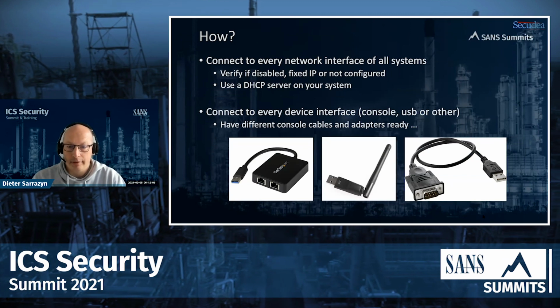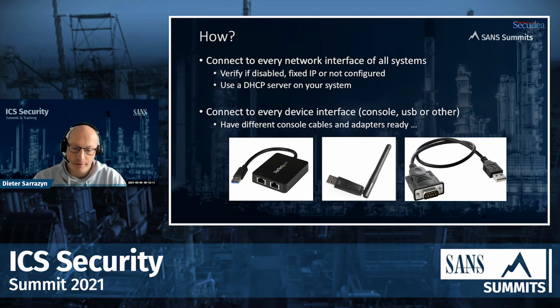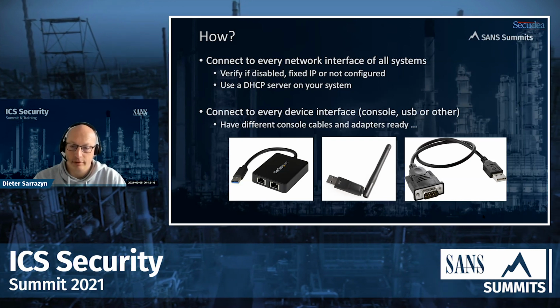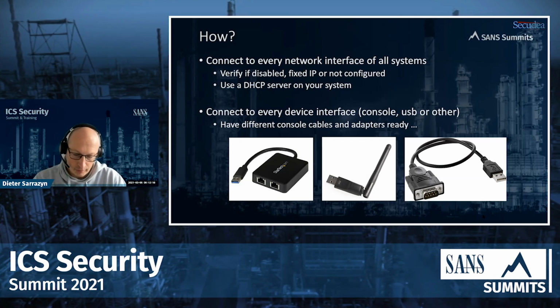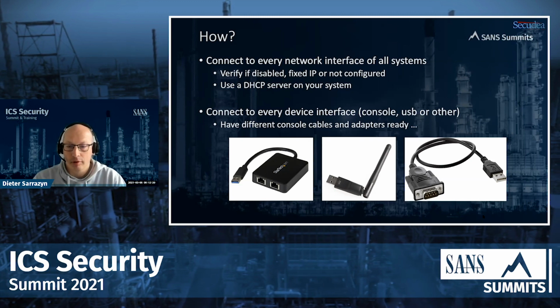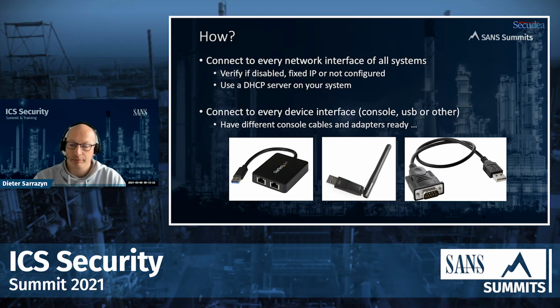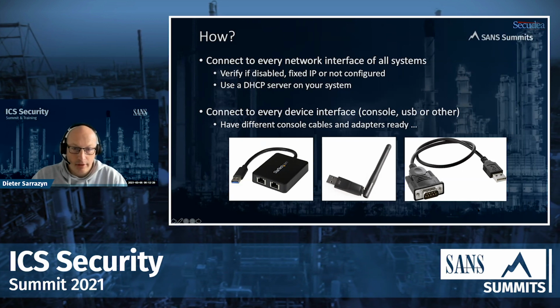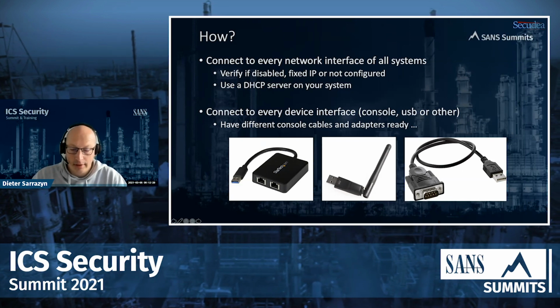On USB interfaces, most of the time today, storage drivers for your USB sticks are disabled, but all other drivers are left untouched, which means that you can connect USB to Ethernet dongles, USB to serial dongles, and things like that.